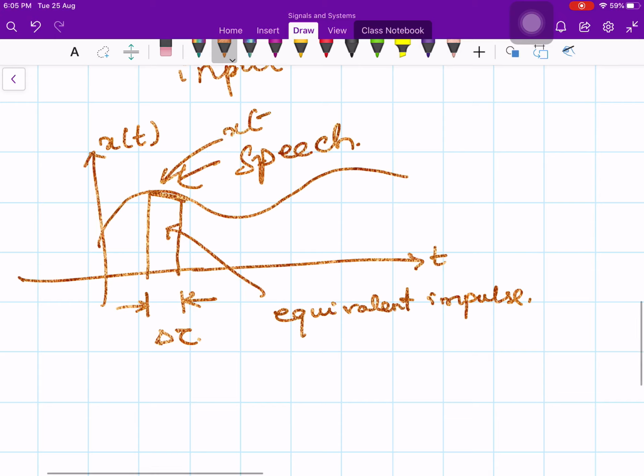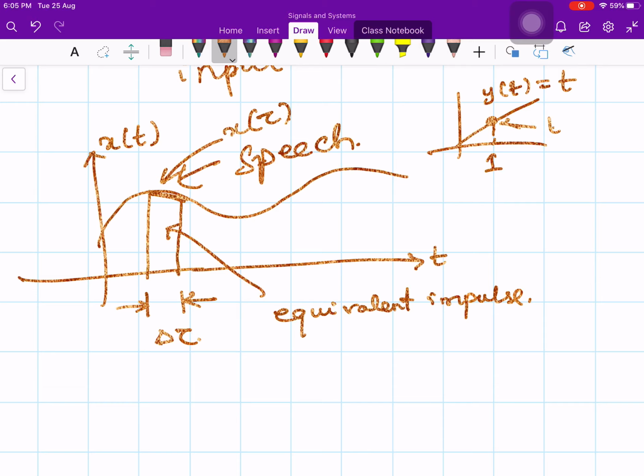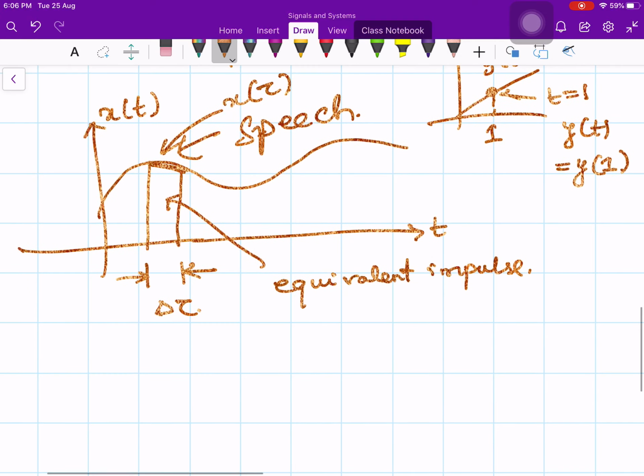Suppose you have a function like this, let's say y of t is equal to t. You fix a point, let's say t is equal to 1, then what is the value? When you substitute t equal to 1, then y of t becomes y of 1. Similarly, the center point is, let's say, tau. Therefore, this magnitude is going to be x of tau.